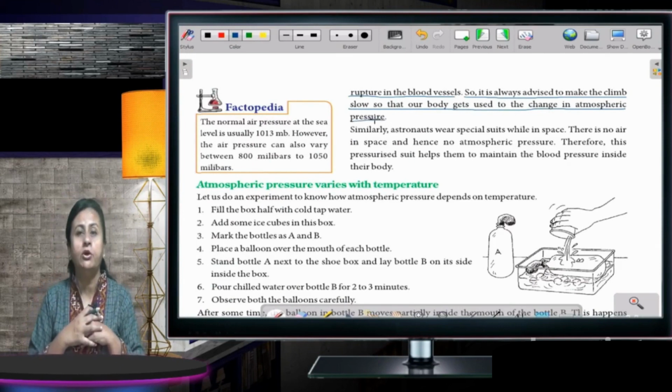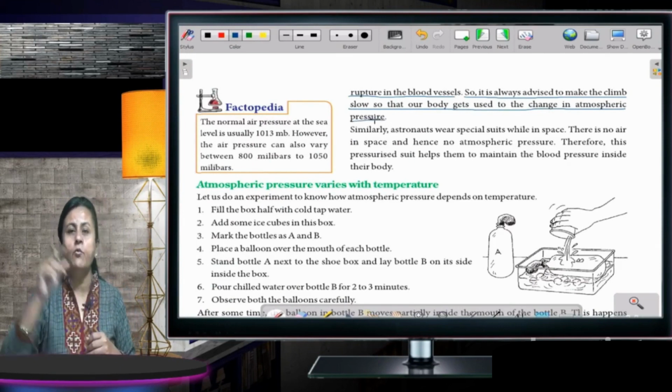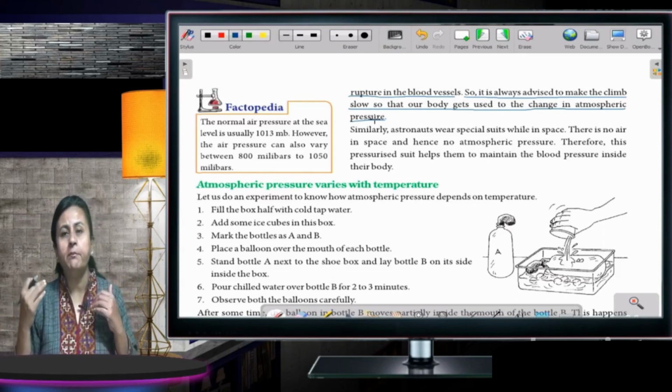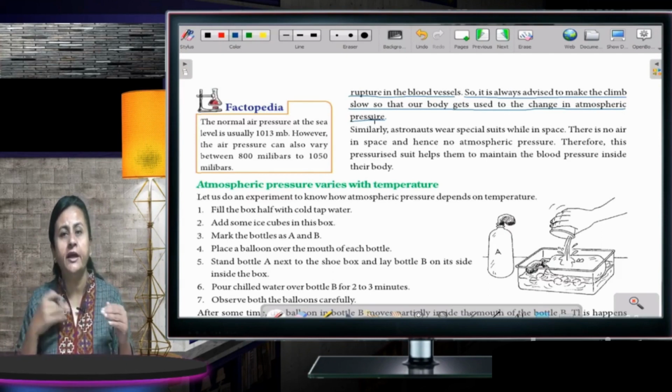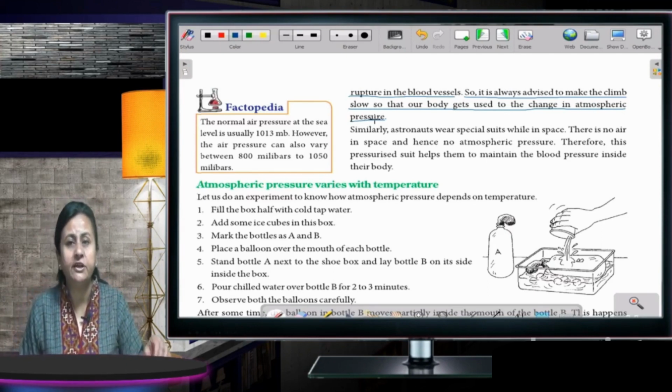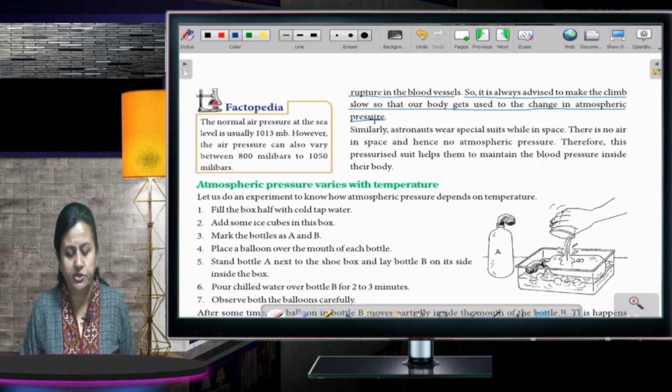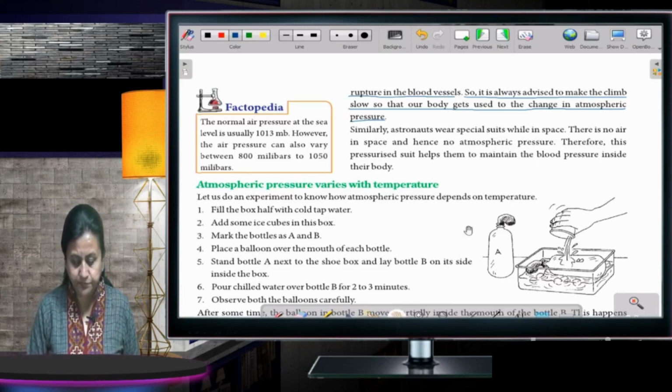Whenever we are climbing a hill, we should move slowly, because the atmospheric pressure is constantly changing and our body cannot adapt to it immediately. So we should give some time to our body to handle this change in atmospheric pressure. Fine.